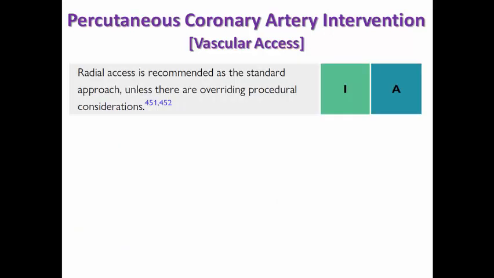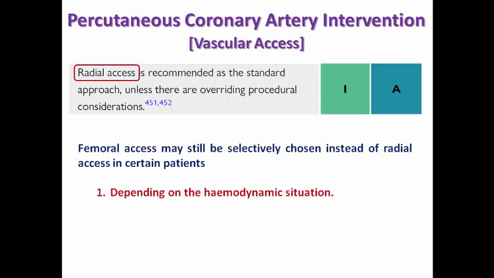That's why radial access is recommended as a class 1 to be the standard approach, unless there are other considerations to use femoral access. For example, a patient with hemodynamically unstable status and acute coronary syndrome.